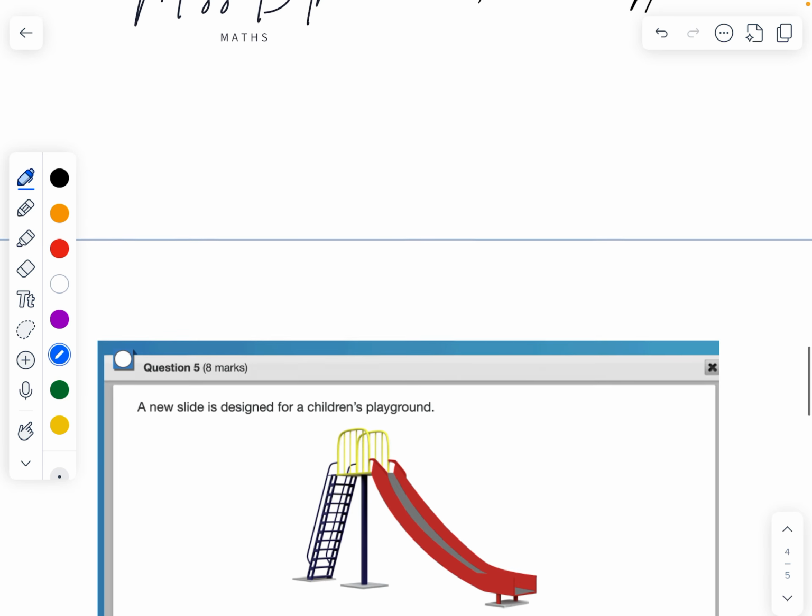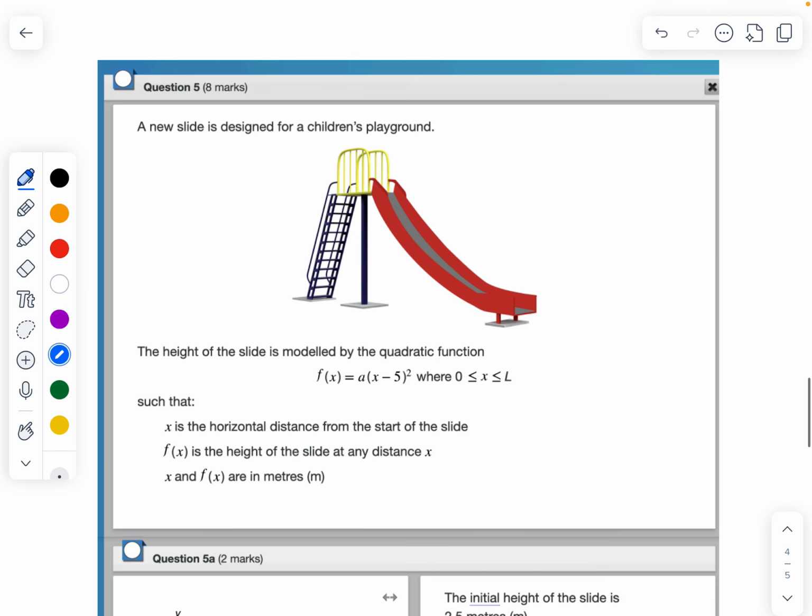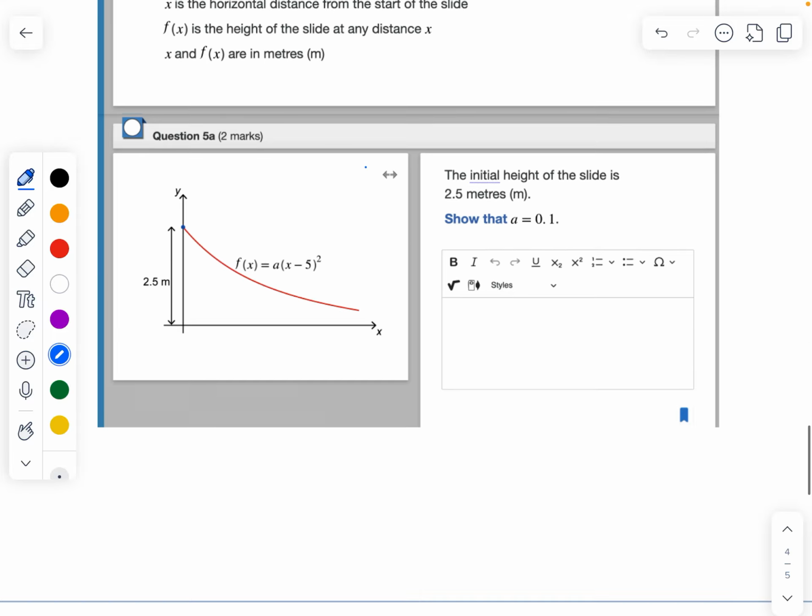Okay, right, and then the next question, last one, we're talking about a slide. It gave us the function here that can be modelled. It's told us that x is going to represent the horizontal distance from the slide. The function is just going to be the height in meters, and then it gave us it as a graph.